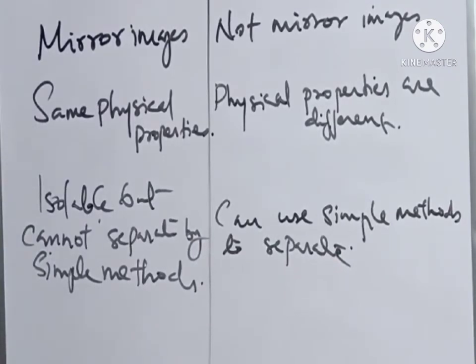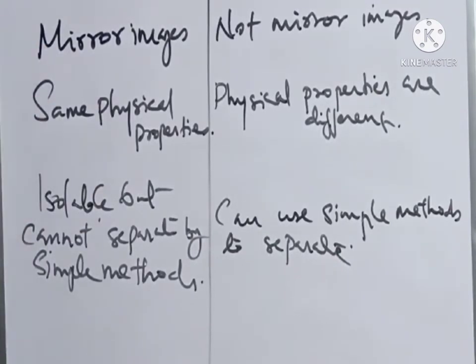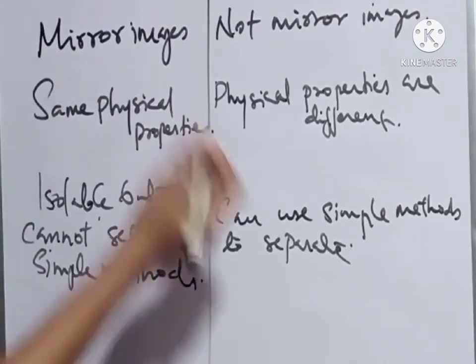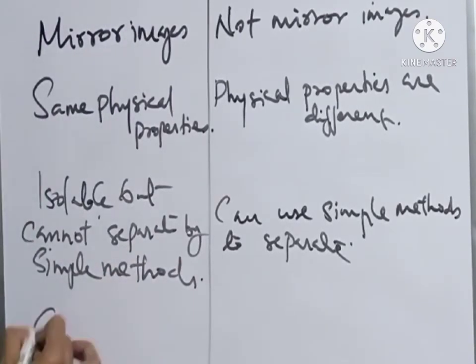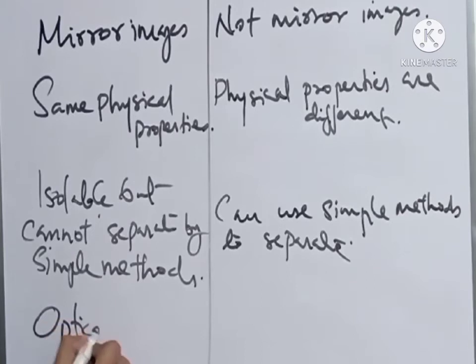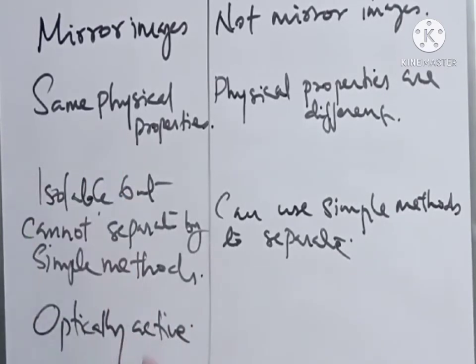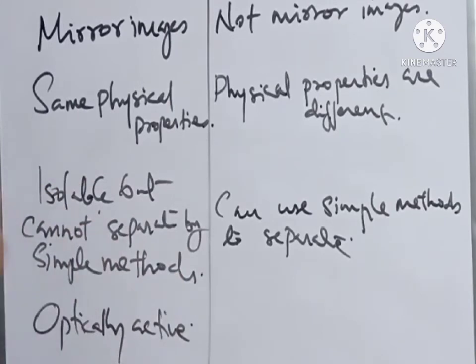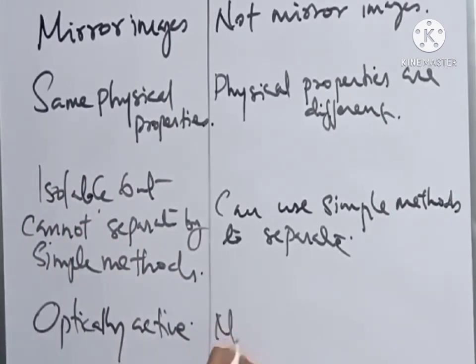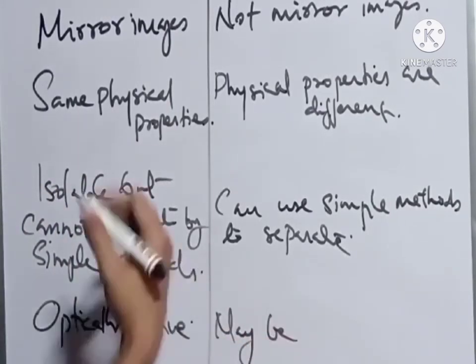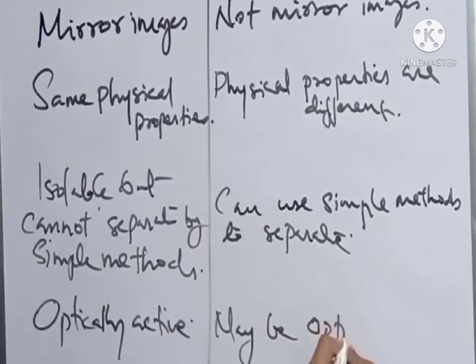Then if we talk about the optical activity of these two isomers, enantiomers are surely optically active. But here we cannot surely say that these compounds are optically active, but we can say these may be optically active.